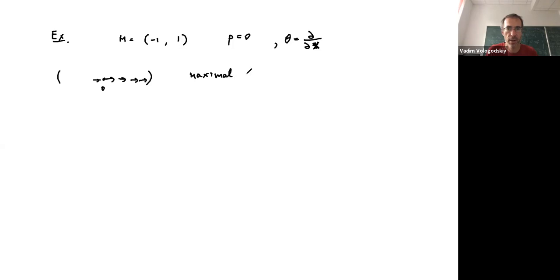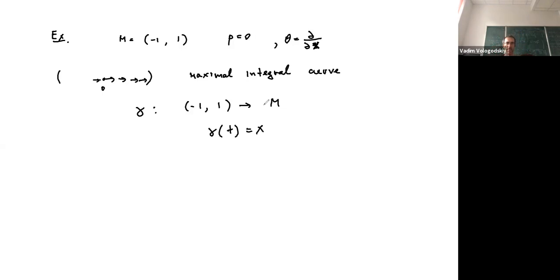So the maximal integral curve here is just a map from -1 to 1 to my M, and this is gamma, and gamma of t is just x, the identity map.